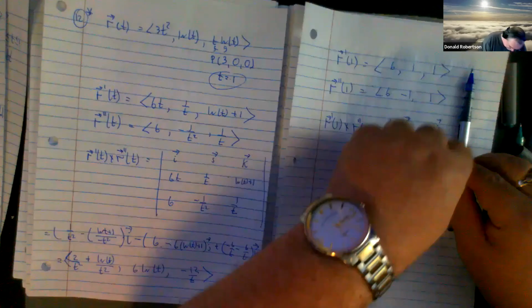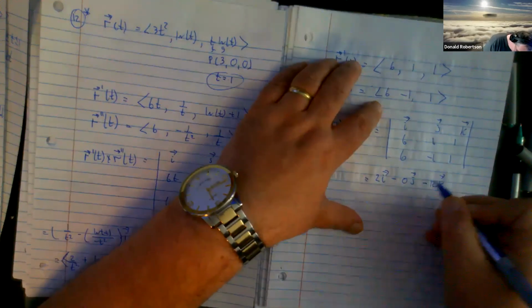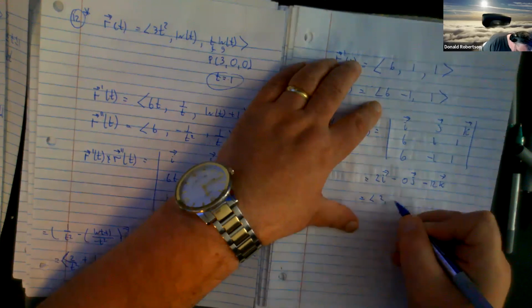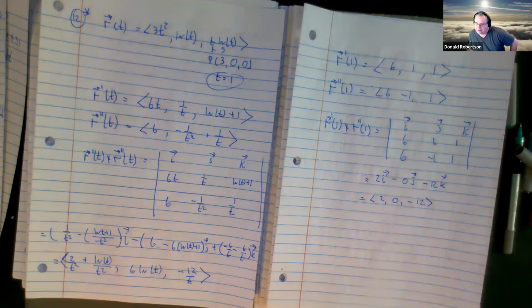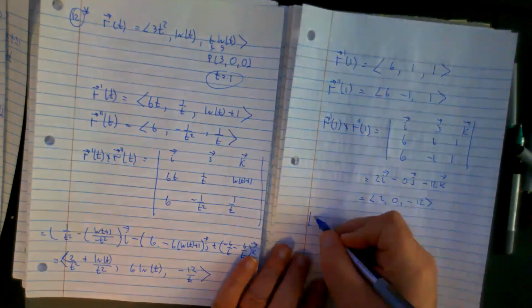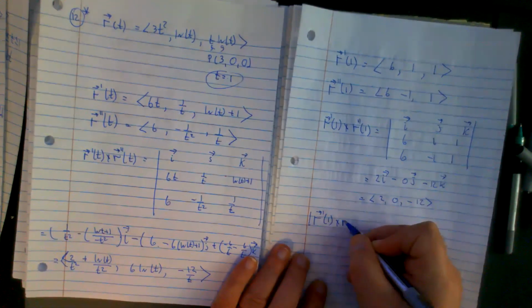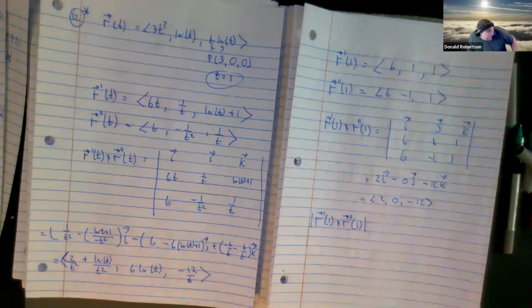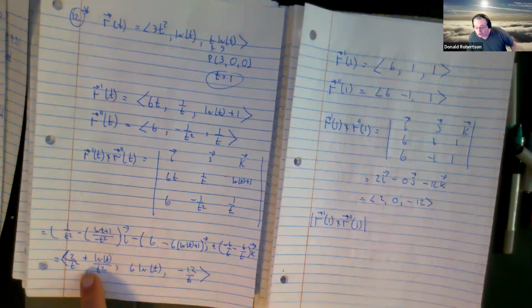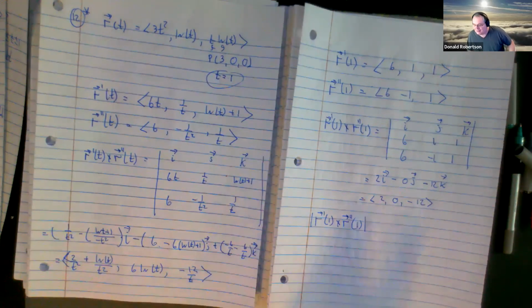Negative 6 take away 6 is negative 12. So unless I screwed up somewhere in the signs, pretty nice vector. Right, now get its magnitude. Funny enough, if you actually plug 1 into that formula, you do get the same answer. Which is a good check that I've done this correctly. So it did work for that.